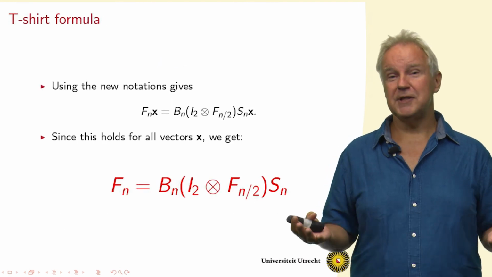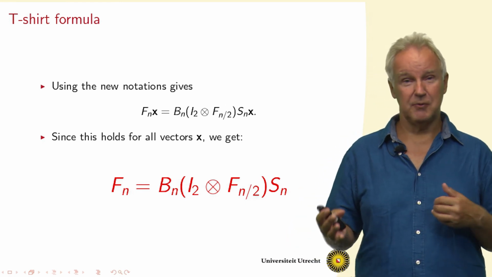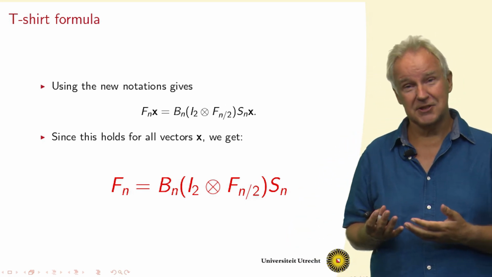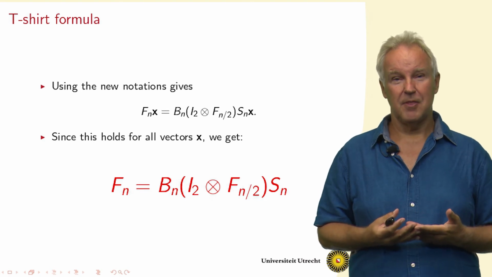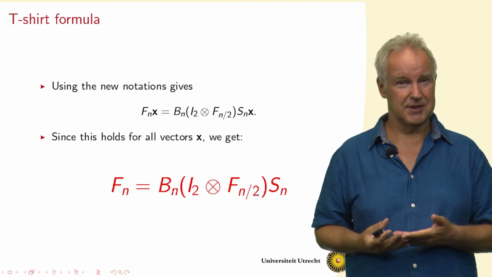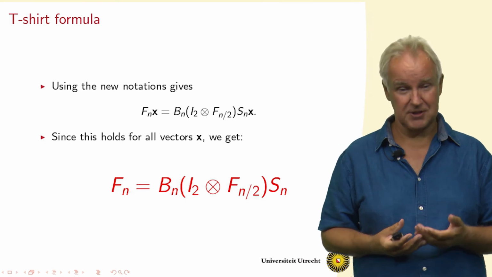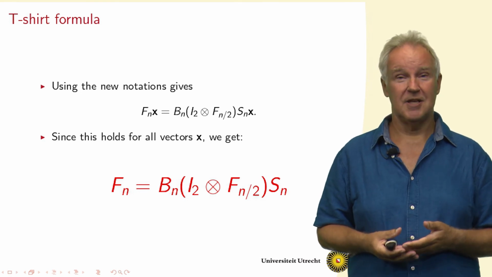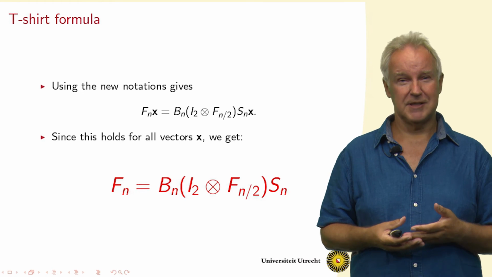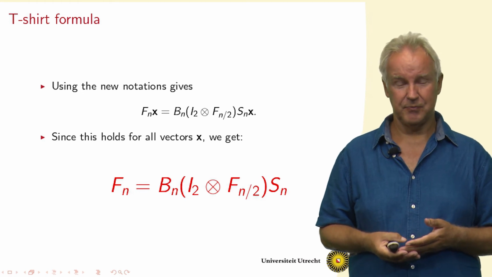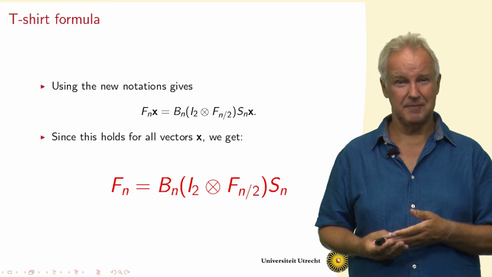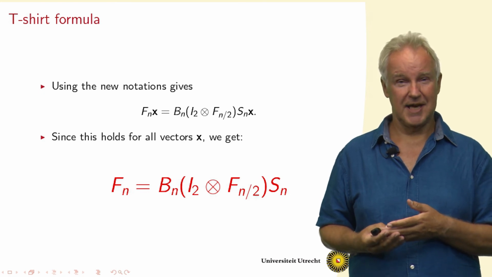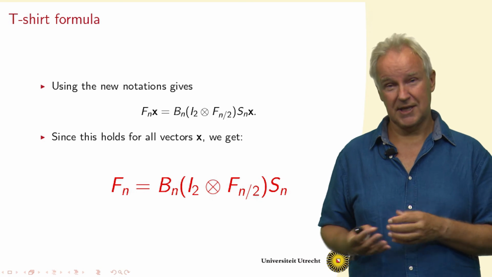So what did we do? We gave names, we used matrix notation, and that way we could write the operation Fn times x, multiplying a Fourier matrix by x, as a butterfly matrix on the left, Bn, 2 copies of the smaller Fourier matrix in the middle, and then we have Sn times x.